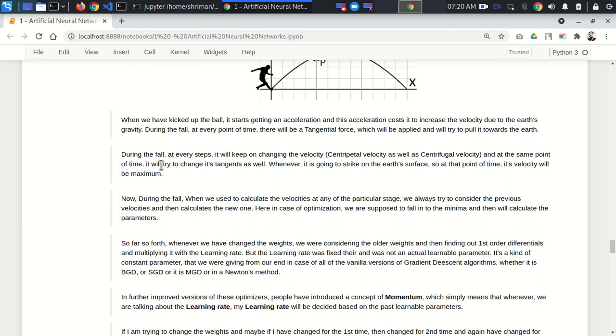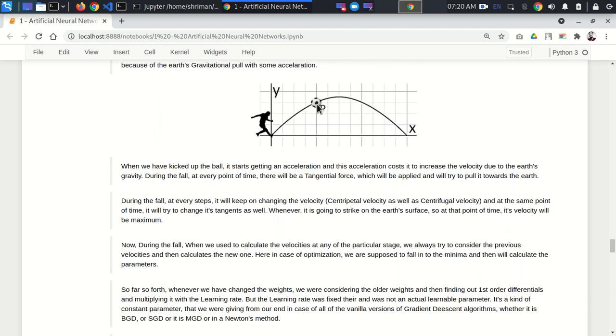Now during the fall, at every step, it will keep on changing the velocity. When the trajectory has started, at that particular point of time the velocity will be less, right? But as it progresses along the time axis, the velocity keeps increasing, acceleration is increasing, right?